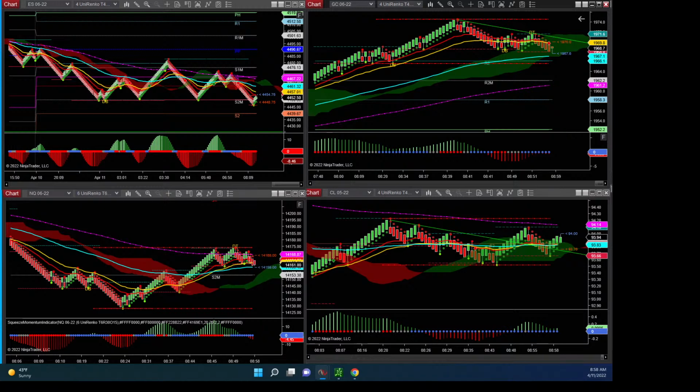The higher time frame or the anchor chart in the Renko is bearish now. So careful with crude if you want to take a long.